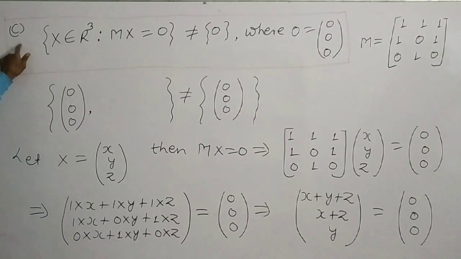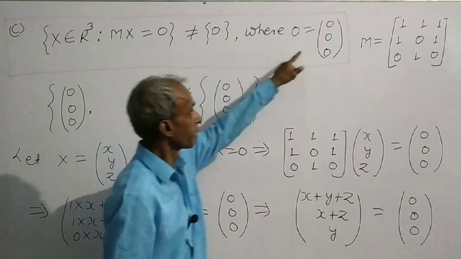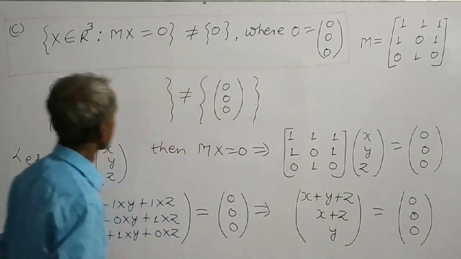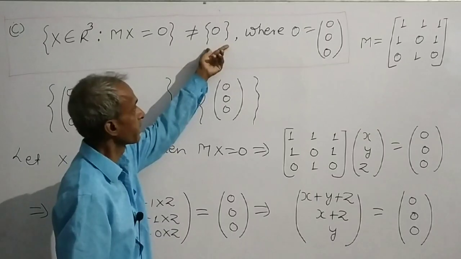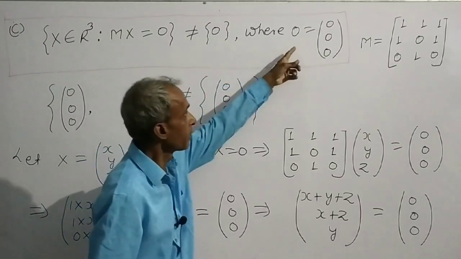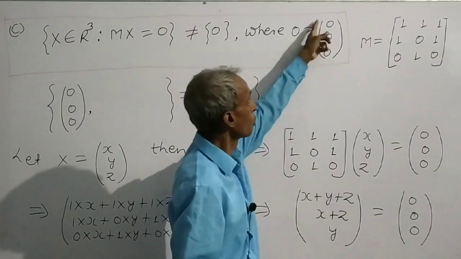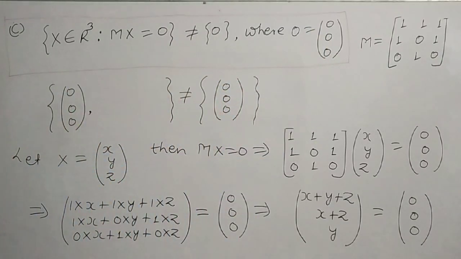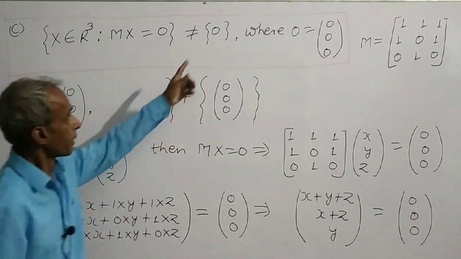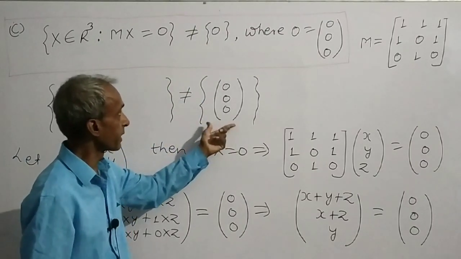In option C, this statement is given. This set is not equal to this set, where 0 is equal to this zero matrix. This set is actually this set.